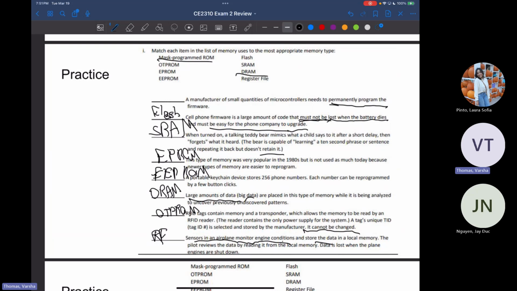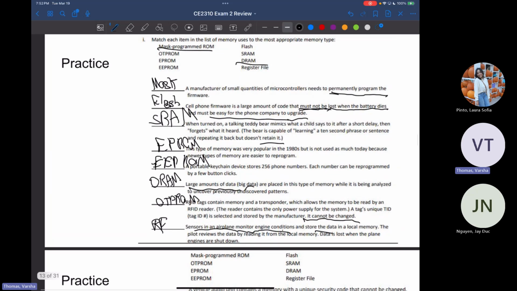And the first one, let me think about it a little bit. We have mask PROM, and we're going to put mask PROM here, but RFID. I just want to look at the RFID again and the mask PROM because I'm trying to figure out which one is going to be OT-PROM and mask PROM. But we can see that they have patterns that say the program will only be programmed once.